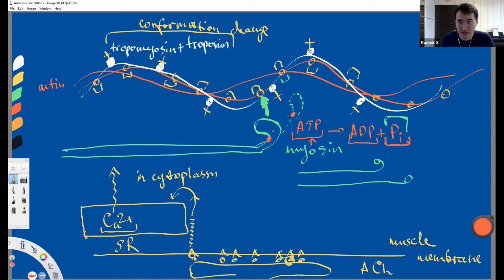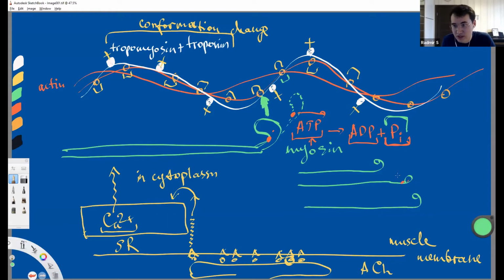After that, it releases the ADP too and starts contracting. Here we have the ADP and phosphate, and now it will pull itself to get to the previous state.